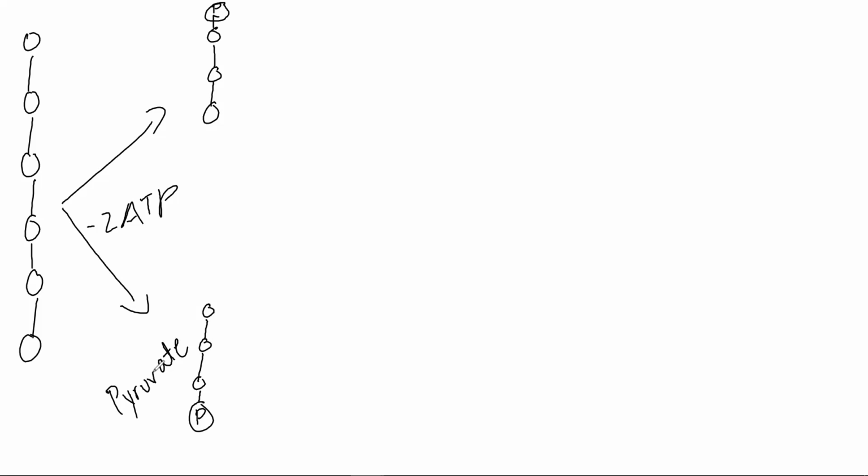Pyruvate is then going to release one of its electrons. And when it releases one of its electrons, to phosphorylize, meaning it's going to gain another phosphorus, your NAD is actually going to pick up that extra electron and become NADH. Same thing happens on this side.